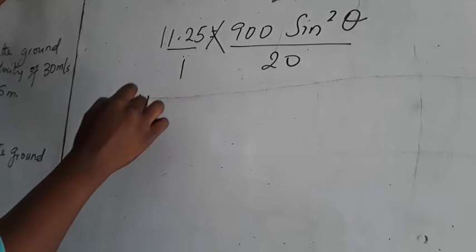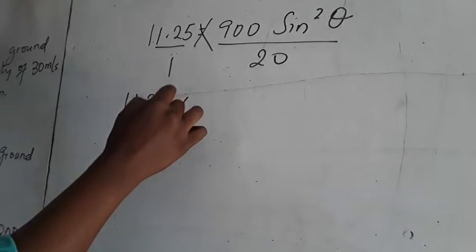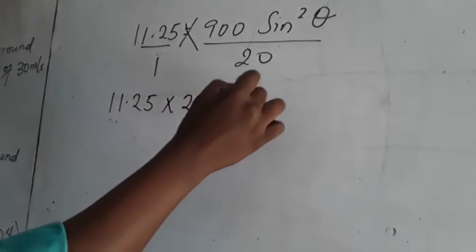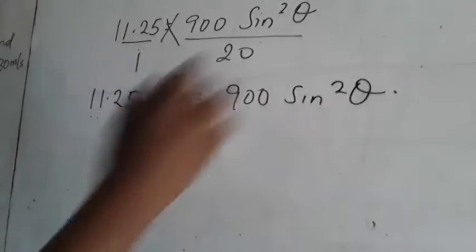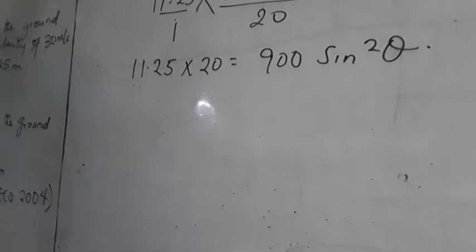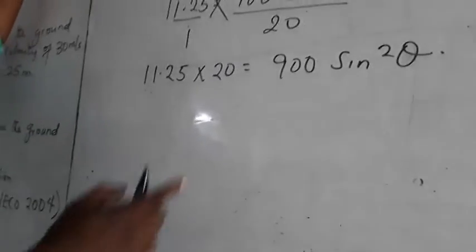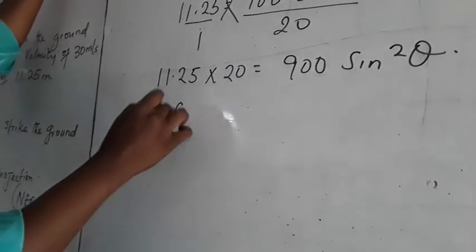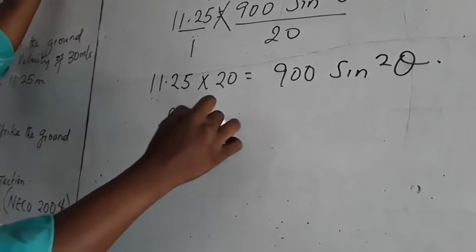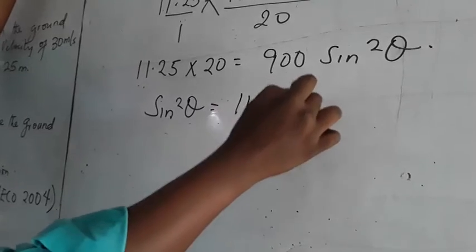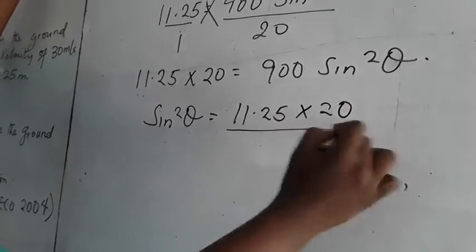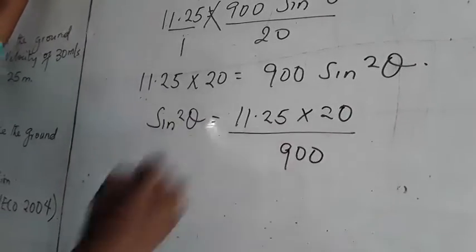So we have 11.25 times 20 equals 900 sine squared theta. As you can see, we want to make our sine squared theta the subject of formula. We have sine squared theta equals 11.25 times 20 over 900.